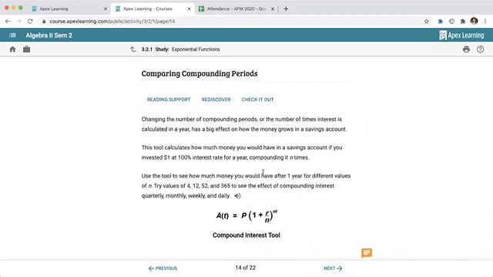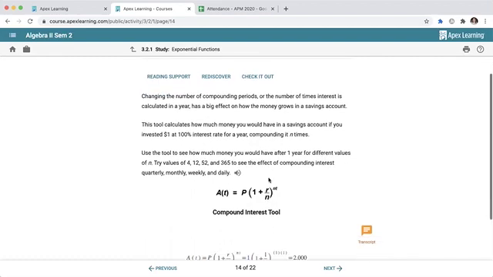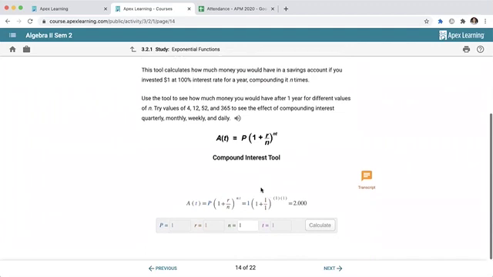So then looking at different interest periods, instead of having it compounded monthly, we could look at it compounded a different number of times.